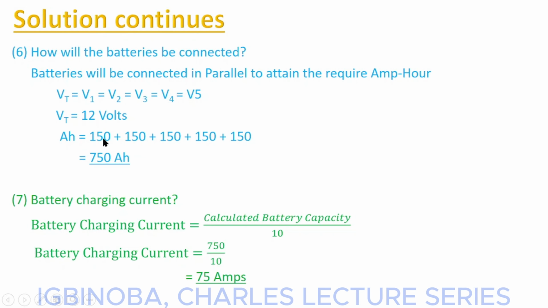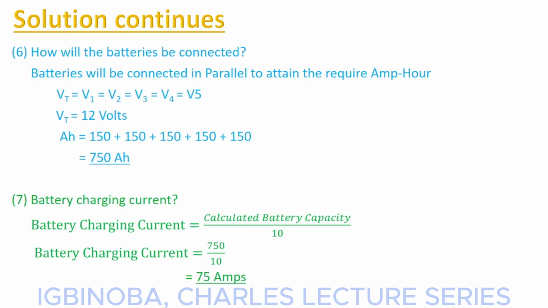Because when batteries are connected in parallel and they have the same voltage and same ampere hour, all we need to do is take the voltage of one of the batteries, then add up all the amp hours together. So that is why, for us to achieve our required amp hour, we must connect the batteries in parallel.